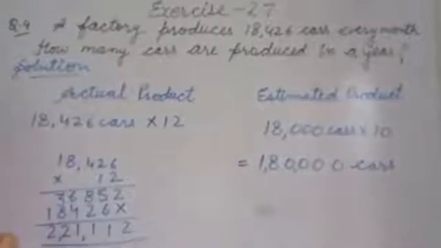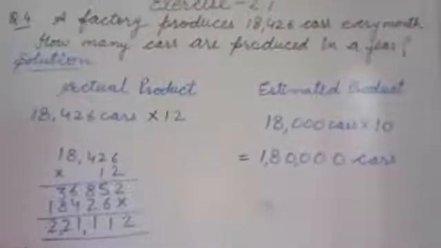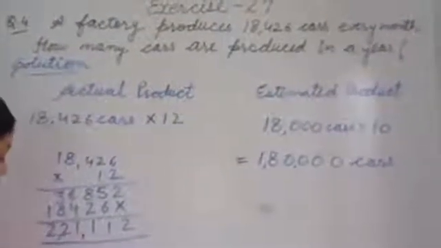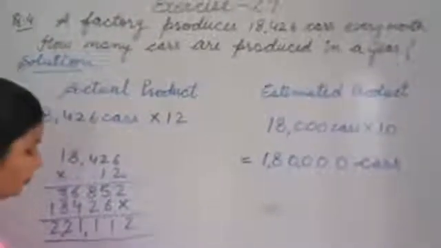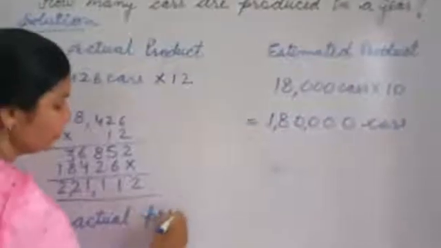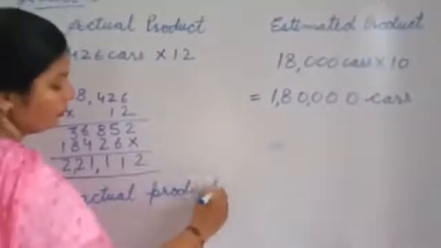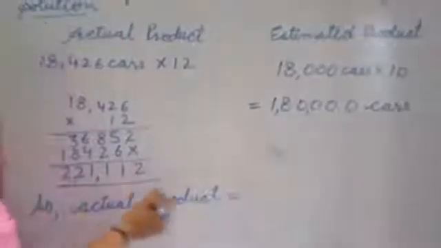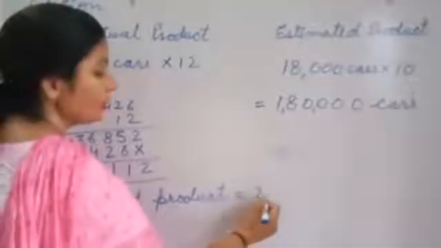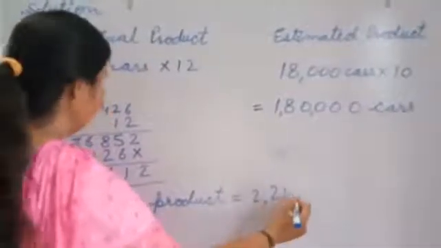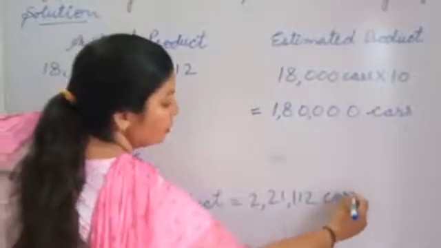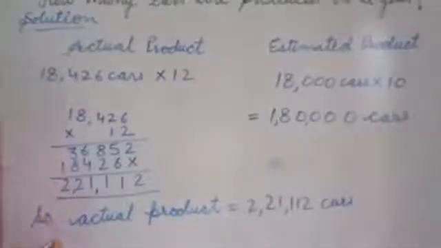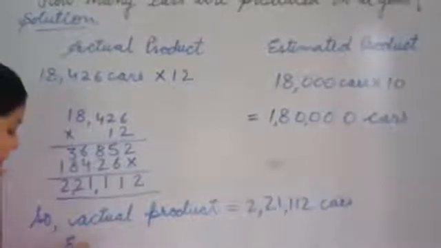So we write here actual product equals to 2,21,112 cars. And now here we write estimated product.